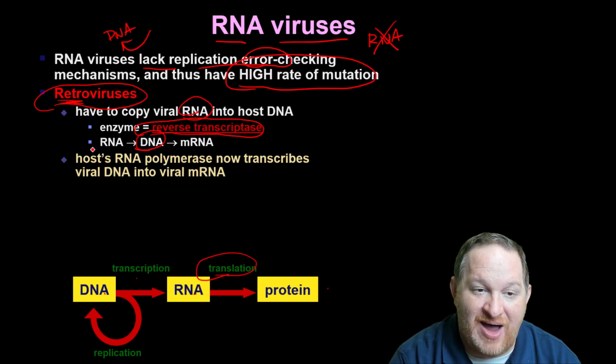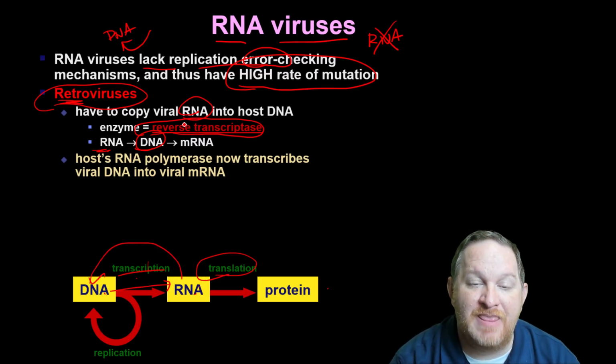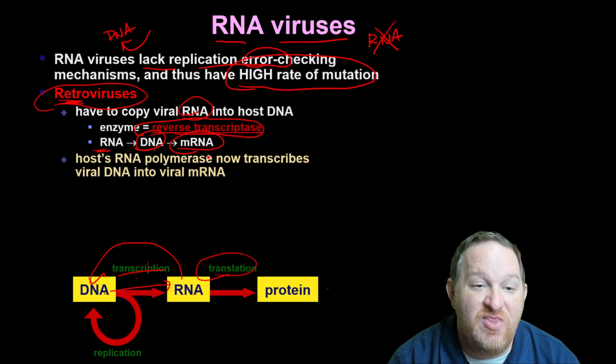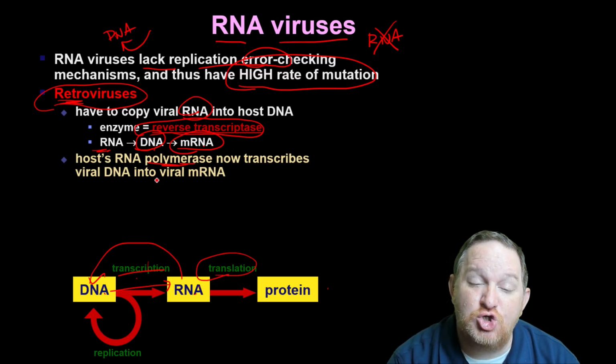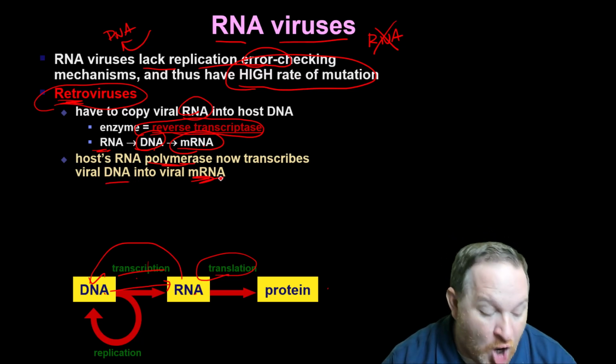So the virus comes in with the RNA and uses reverse transcription, because transcription is normally DNA to RNA, but if it's reversed, it would be RNA to DNA. This makes DNA so that it can then go through the normal pathway of DNA to RNA to protein. This polymerase is actually transcribing the DNA into the messenger RNA.